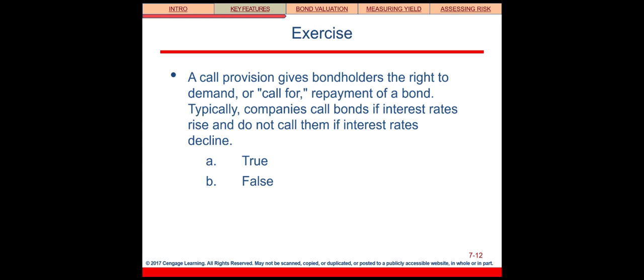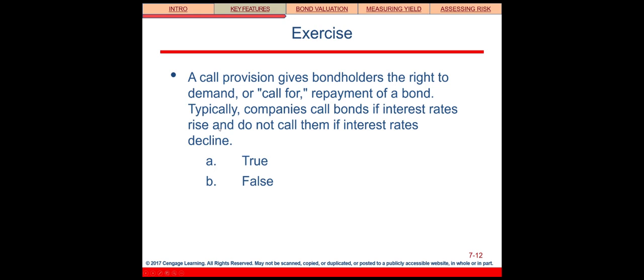Then if the interest rate is lower than the coupon interest rate, maybe it's better for the company to buy back all the bonds and then issue new bonds, because they can take advantage of the lower interest rate and issue bonds at a lower coupon rate, right?